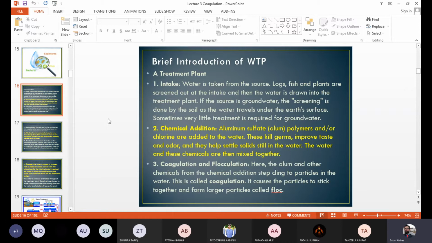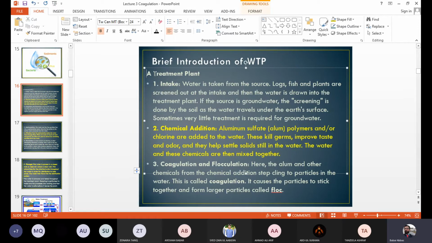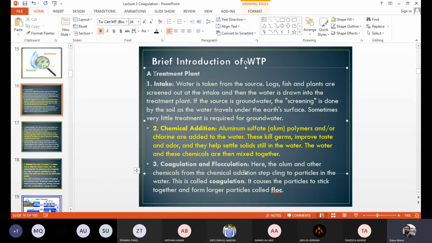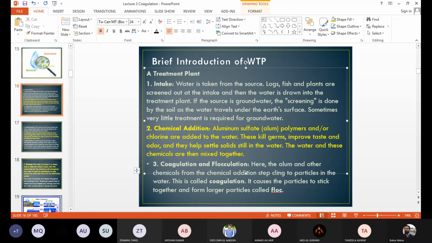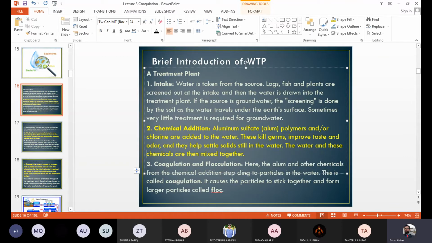What are these 7 stages of water, or the 7 functional elements of water treatment? Let me make it a little easier for you. The first one is intake of water. The second is chemical addition.